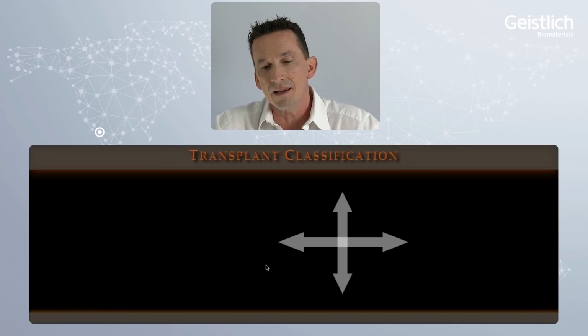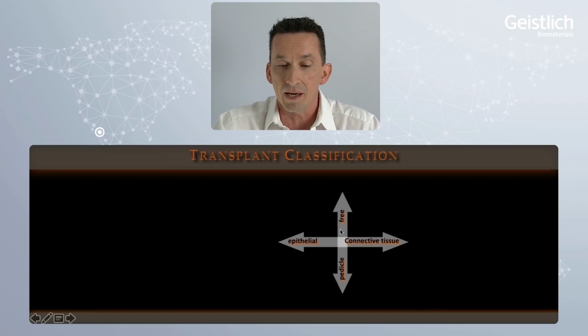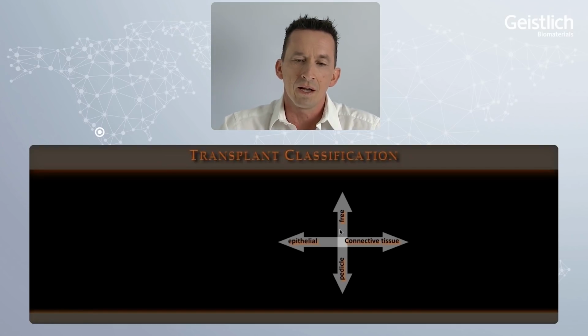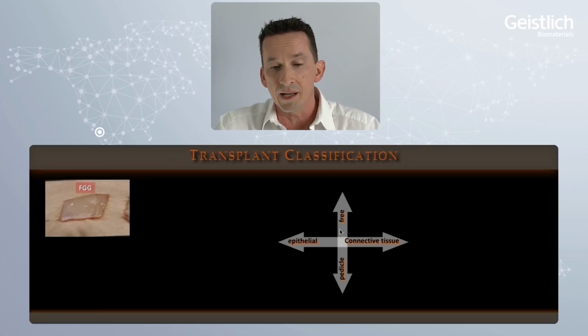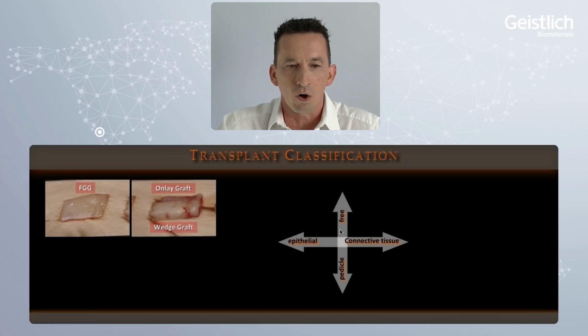So here you can see the direction of classification. We can divide into free and pedicle grafts and into epithelialized and pure connective tissue grafts. So the free and epithelialized grafts is the classical free gingival graft, or we call it the wedge graft or onlay graft.